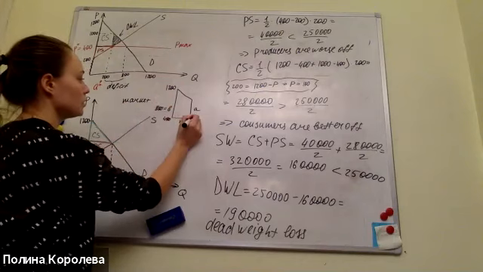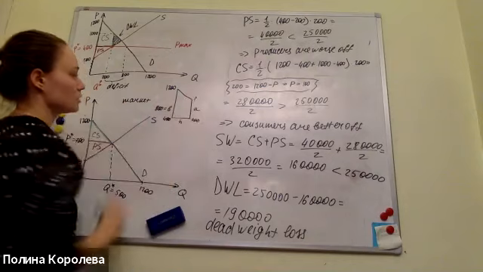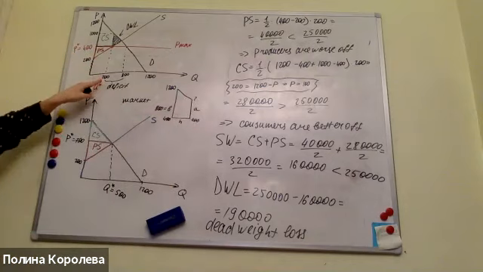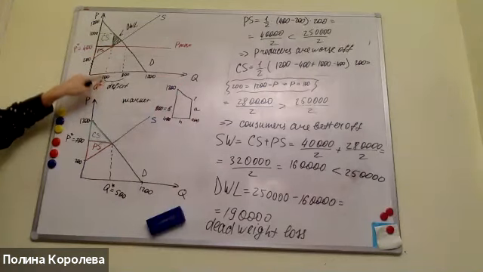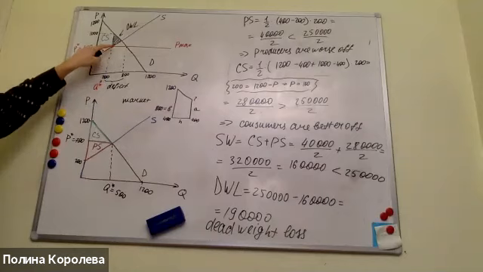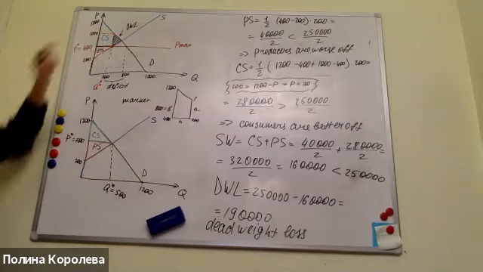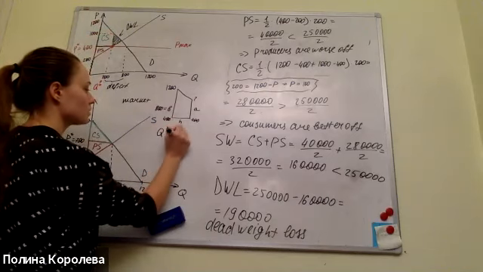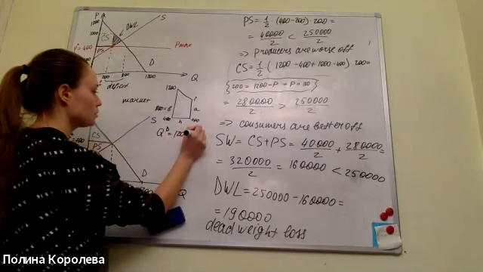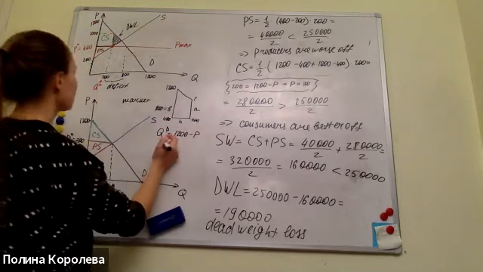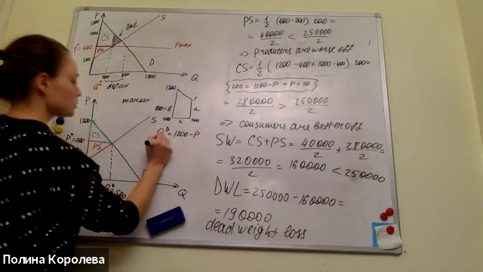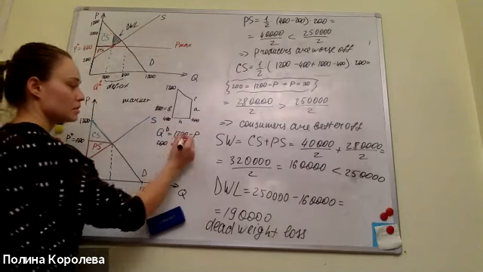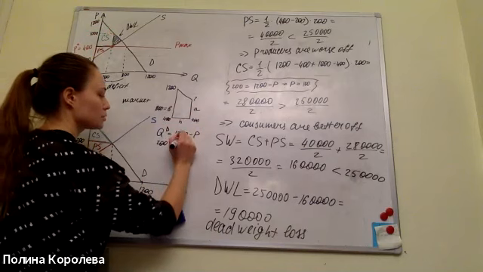What about A? We know here 400, but this we don't know. How to find it? We know this point. Quantity demanded here is equal to 200. Put this quantity demanded into the maximal willingness to pay, into the inverse demand function. One more time, market demand: 1,200 minus P. So if quantity is equal to 200, what is the number for the price?